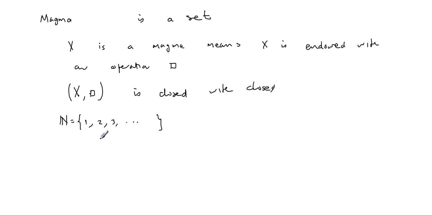It's a magma with respect to addition. But if I want to check with respect to subtraction, it's not a magma. Is that the right way to do it? Yes. With respect to addition, it is closed. We don't demand anything else. We just want to see that the elements of this thing interact and produce something in the magma. So with respect to addition, yes, it is a magma.